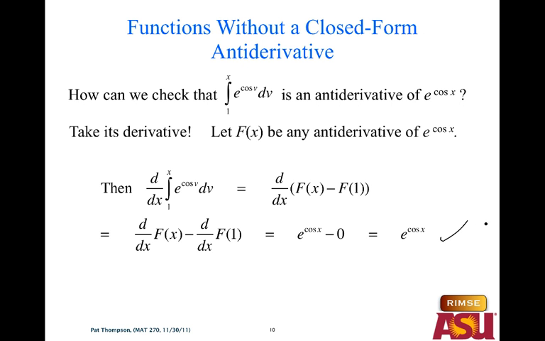Got it. So that verifies that the function, the integral from 1 to x of e to the cosine b db, is a valid antiderivative of e to the cosine x, even though e to the cosine x doesn't have a closed form antiderivative. It's still a valid antiderivative because we just showed its derivative is the original function, the rate function, e to the cosine x.